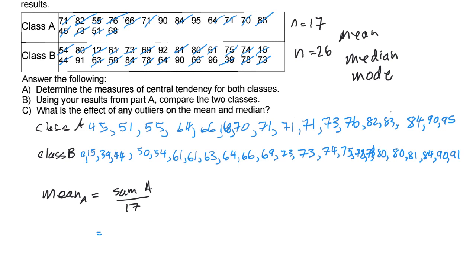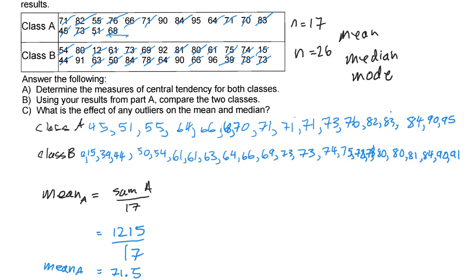Well, this is just 1215 divided by 17. And that gives us a mean of A equaling 71.5.